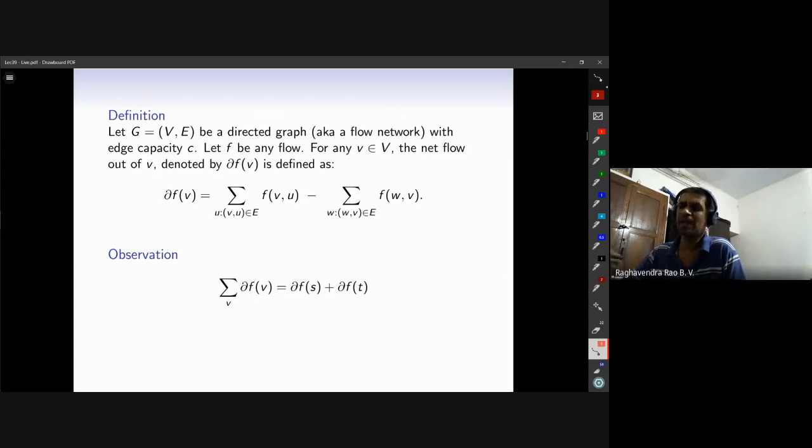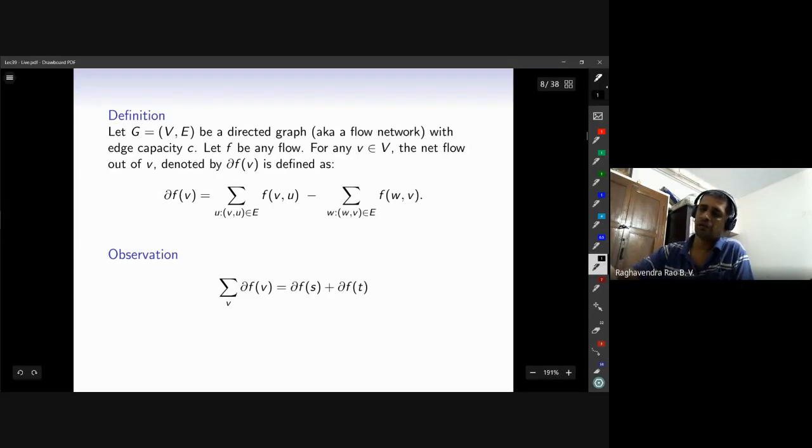Now again, if you apply conservation, whatever is leaving at S has to enter somewhere, but any intermediary vertex is not consuming anything. So everything will have to be consumed by T. In other words, the conservation property implies that this sum is going to be 0. Hence dou Fs is minus dou Ft. This is just an observation. I will not write it there, it's not necessary.